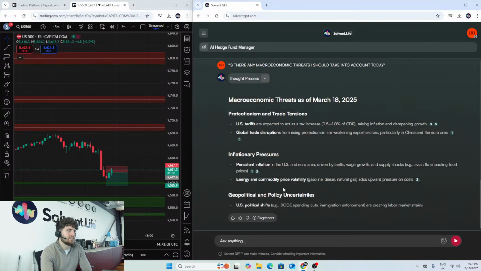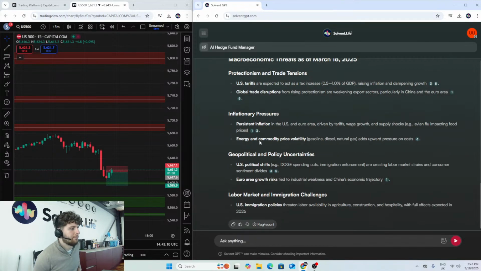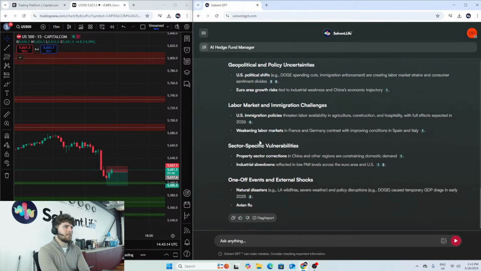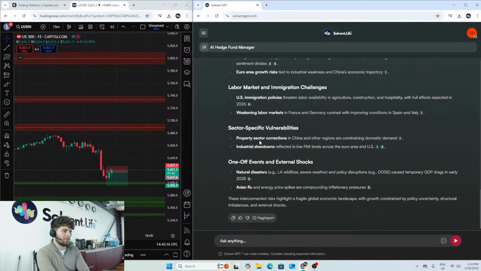Protectionism and trade tensions. We have some inflationary pressure, geopolitical and policy uncertainties. So a lot of information here that we can go off of.